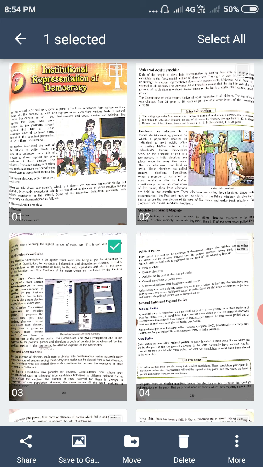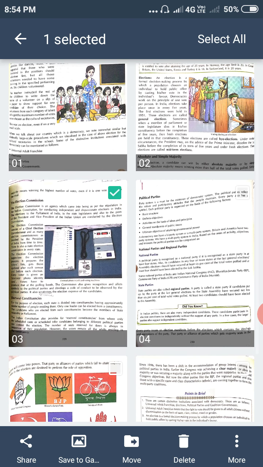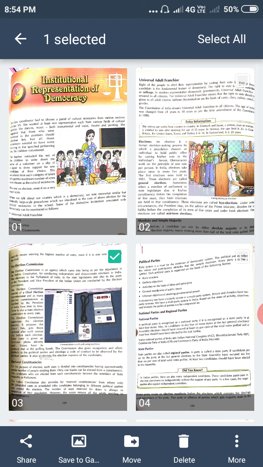Now, all the students of the class will give their votes to their favorite candidate whom they want to be a monitor. The candidate who gets the maximum number of votes is elected as the class monitor.